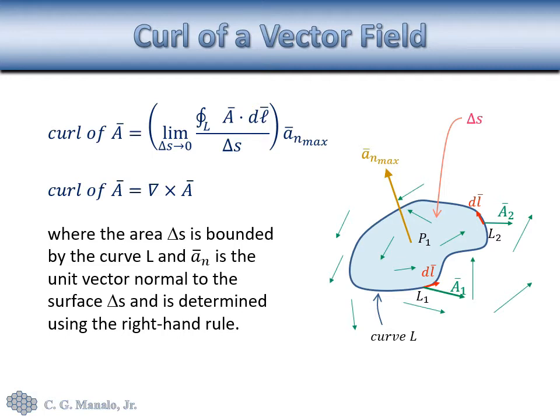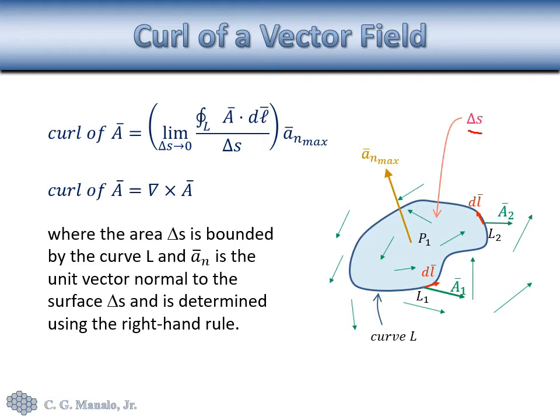And let's say in that vector field, we define a small area bounded by the curve L. So this area is shown here as delta S, and it is enclosed by the curve L. Let's say we have a point L sub 1, and let's examine the vector there of the vector field A.